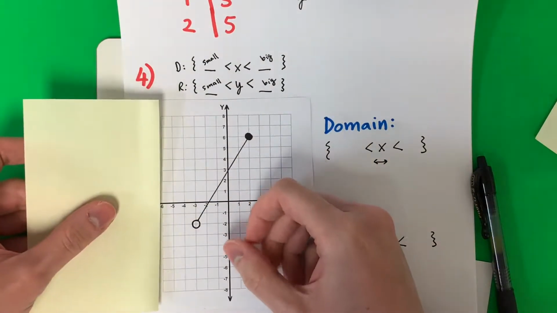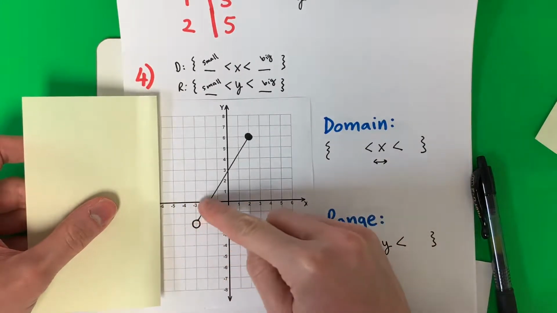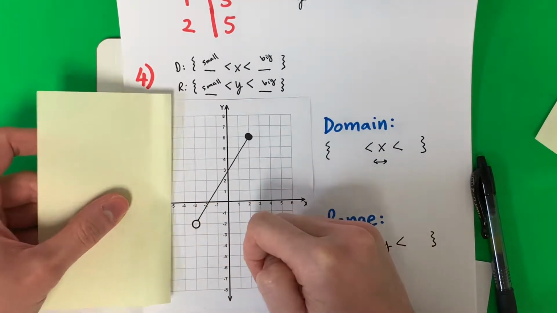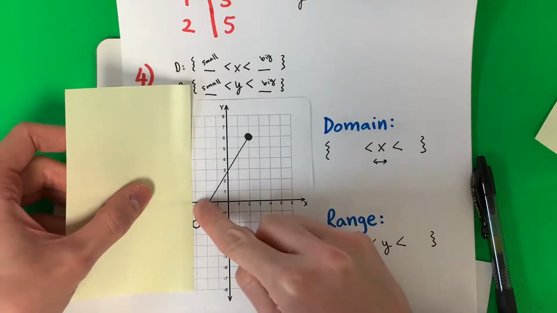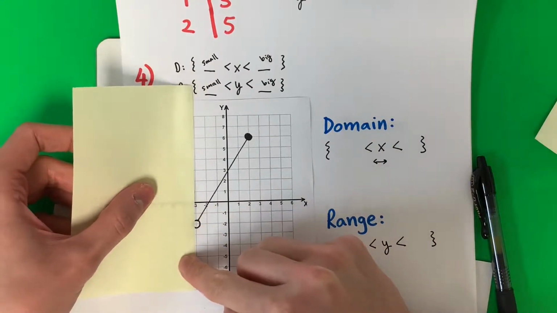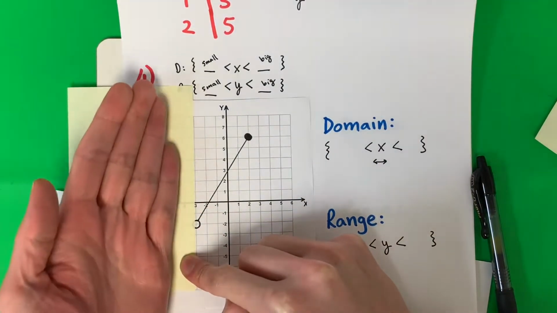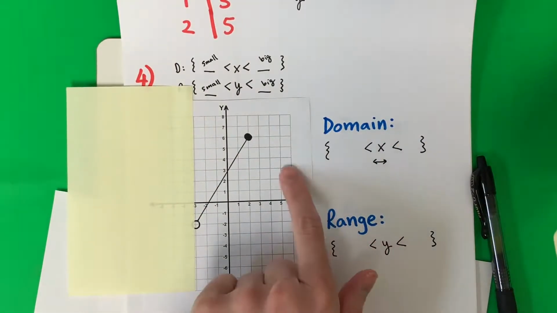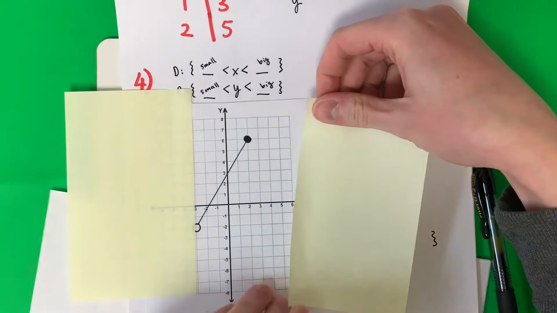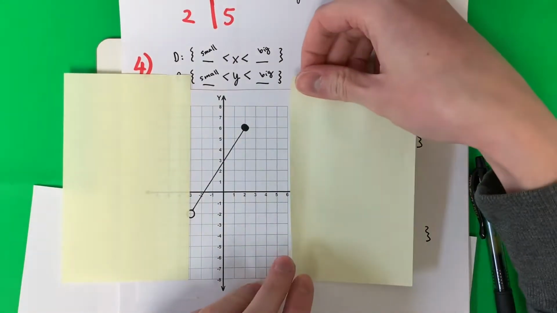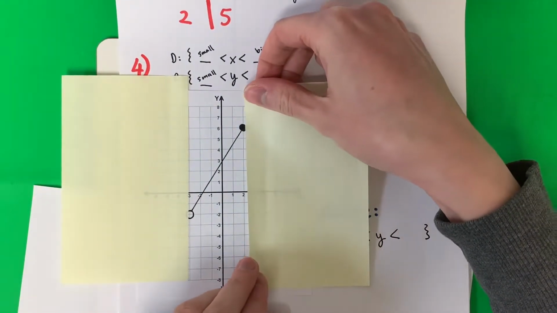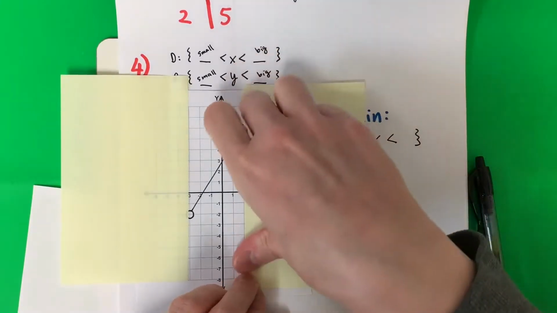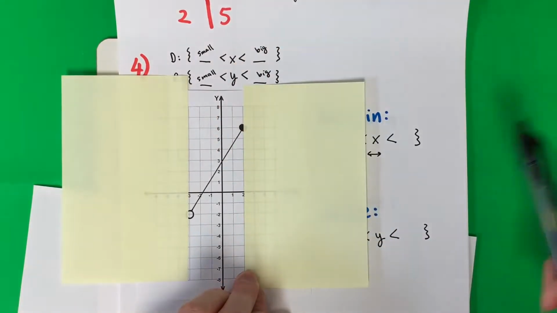Where does this graph start? It starts right here at -3. So I'm going to put my sticky on the left at -3. Now, the right. Where does this graph end? This graph ends at 2. So I'm going to put my sticky at the 2.